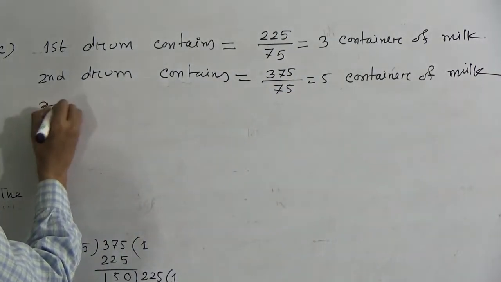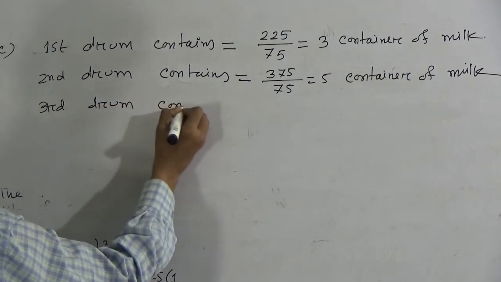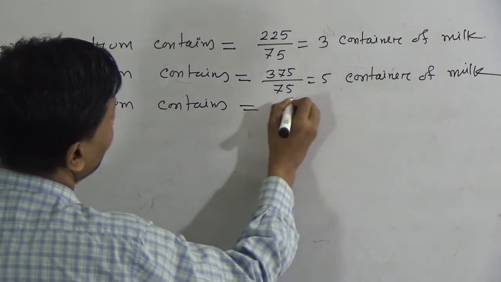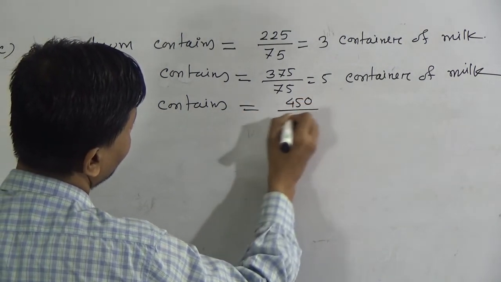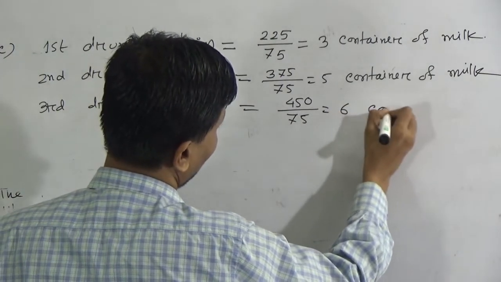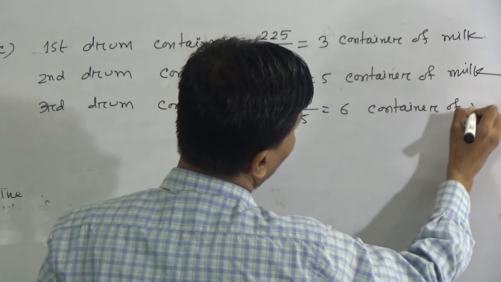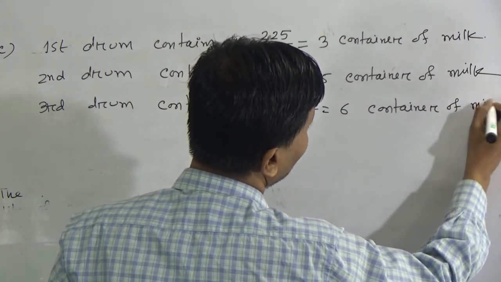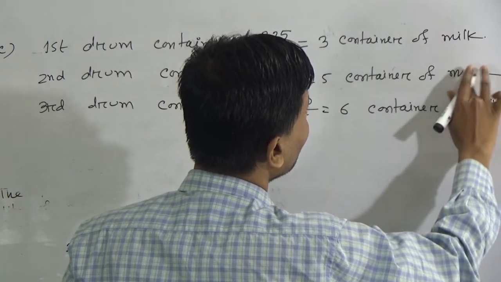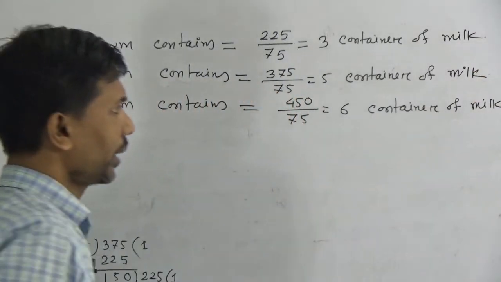Similarly, third drum contains 450 by 75, this equals 6 containers of milk.